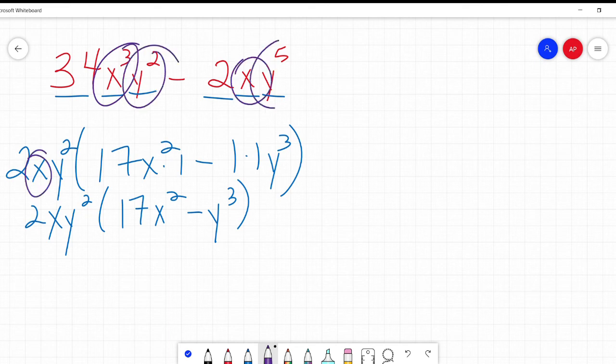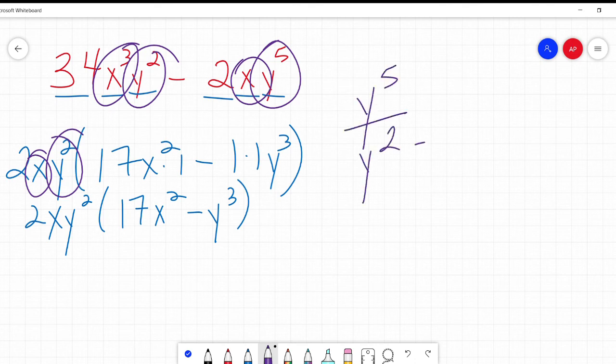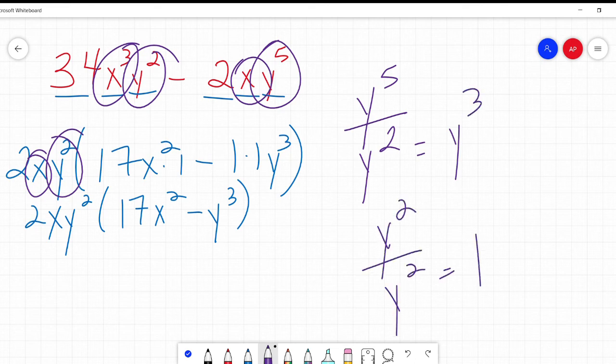I have y squared and y to the 5th. What did I pull out? y squared. It's just the smaller of the two. So that's a nice little shortcut, but the actual math that's happening is y to the 5th divided by y squared is y cubed, so that's what's left, and y squared divided by y squared is 1, so that's what's left.